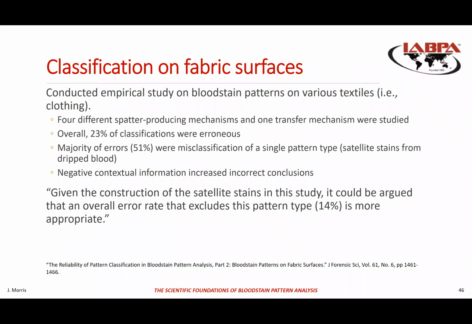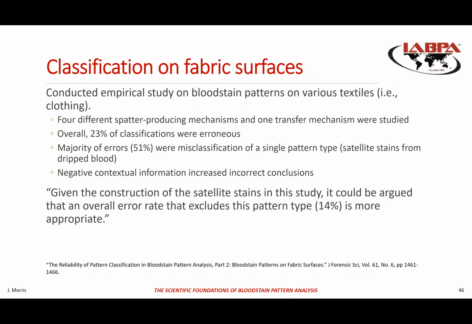So the researchers dug into it a little bit to see why the number of erroneous conclusions was higher. And what they found is over 51% of the time that an erroneous conclusion was provided, it was all the same pattern type. So they wondered if the higher rate of false conclusions was a function of their study design.